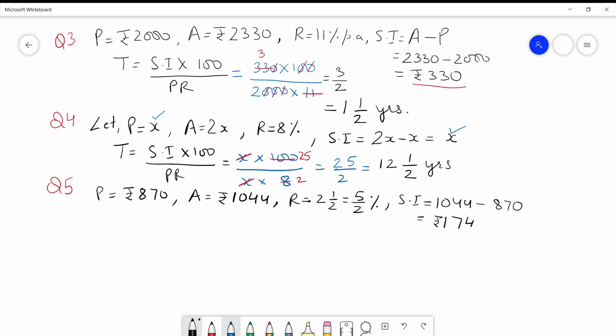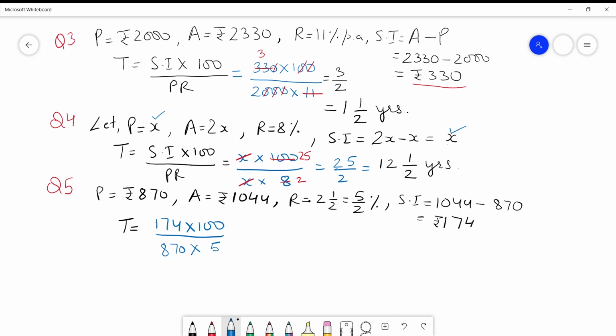Now we will find out the time, and formula is the same. So SI, I will write 174 multiplied with 100. Then my principal is 870 and the rate is 5 by 2.